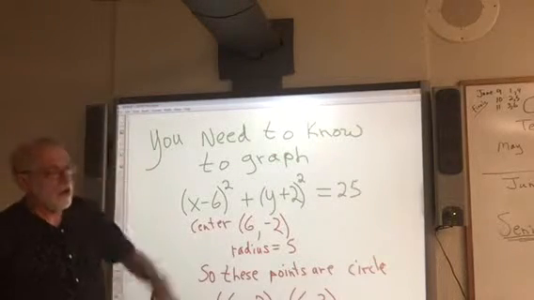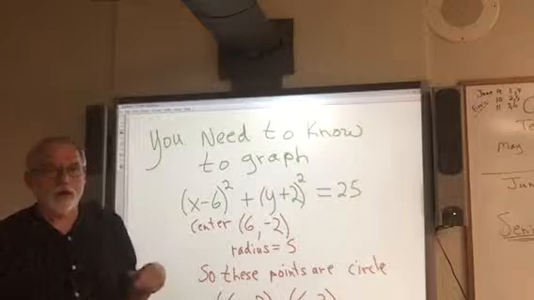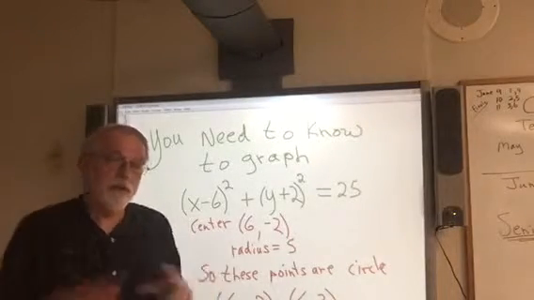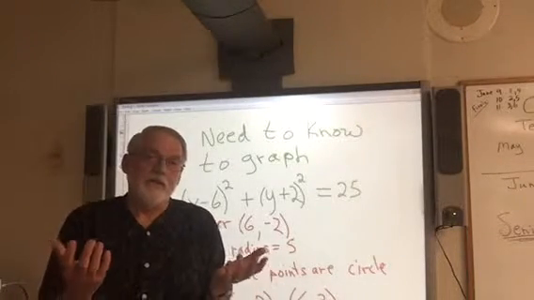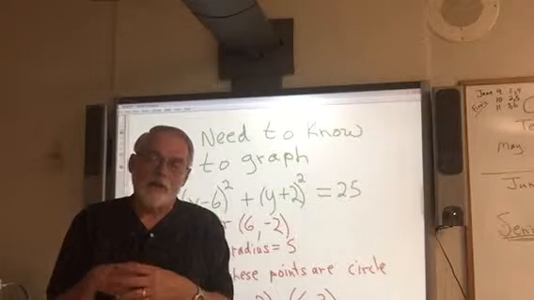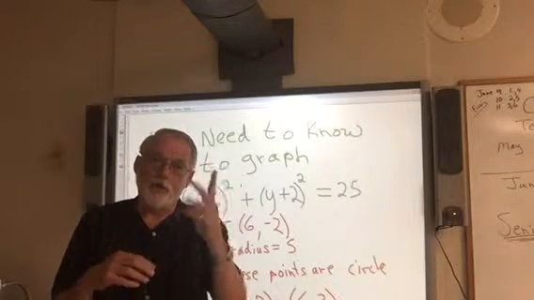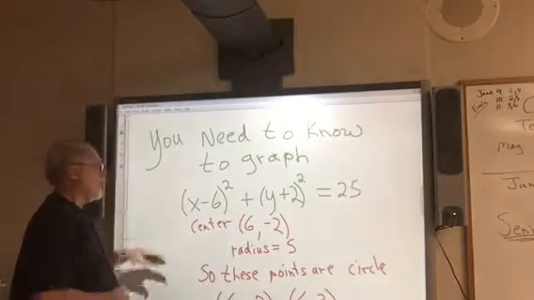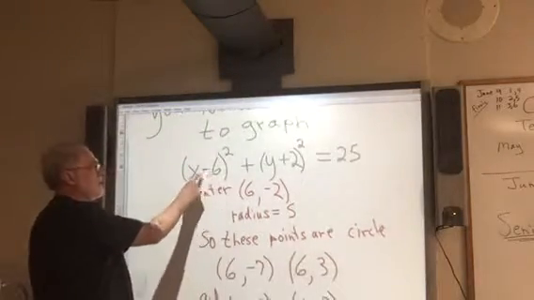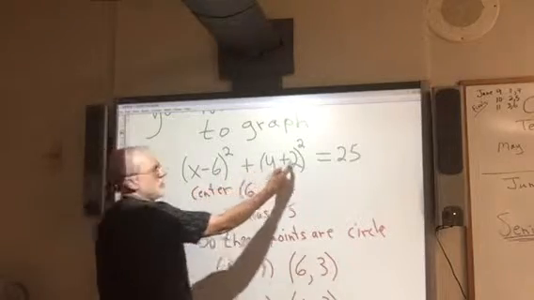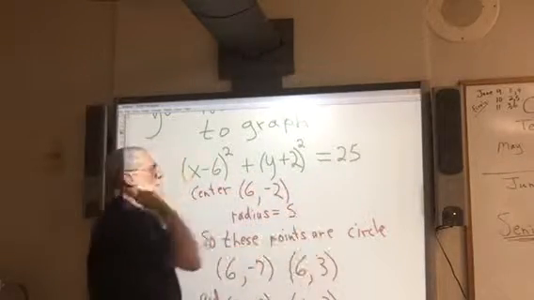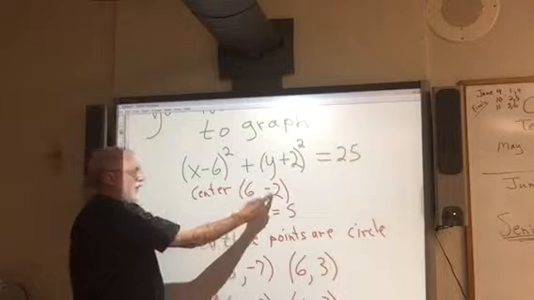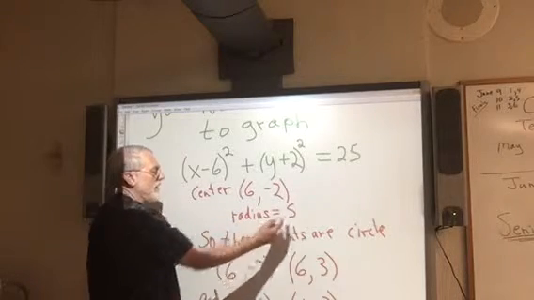You need to know that in order to graph circles. So if I gave you an equation, you need to be able to graph that equation. And we talked about 4 different ways: linear, quadratic, circles, and ellipses. So if you have this equation, x minus 6 squared plus y plus 2 squared equals 25, you know that the center is 6, -2, and that the radius is 5.